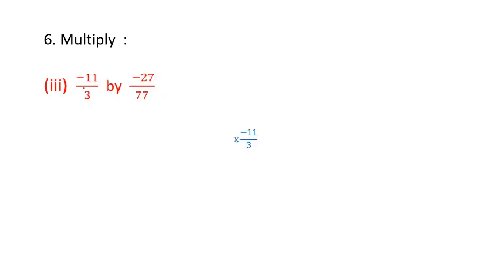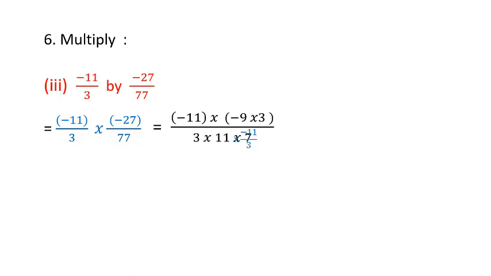Okay, multiply minus 11 by 3 by minus 27 by 77. So minus 11 by 3 into minus 27 by 77.